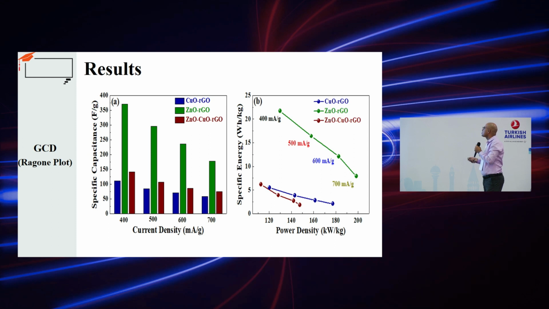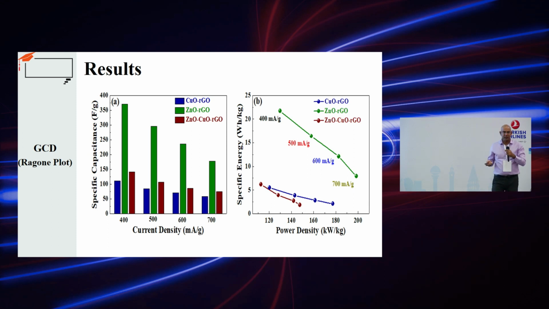And then we also have a high power density at the same one, which is maybe around 130 or so. Similarly at 700, you could see that the specific energy is maybe right around 7 or 8, while the power density is approximately right around 195 or so.